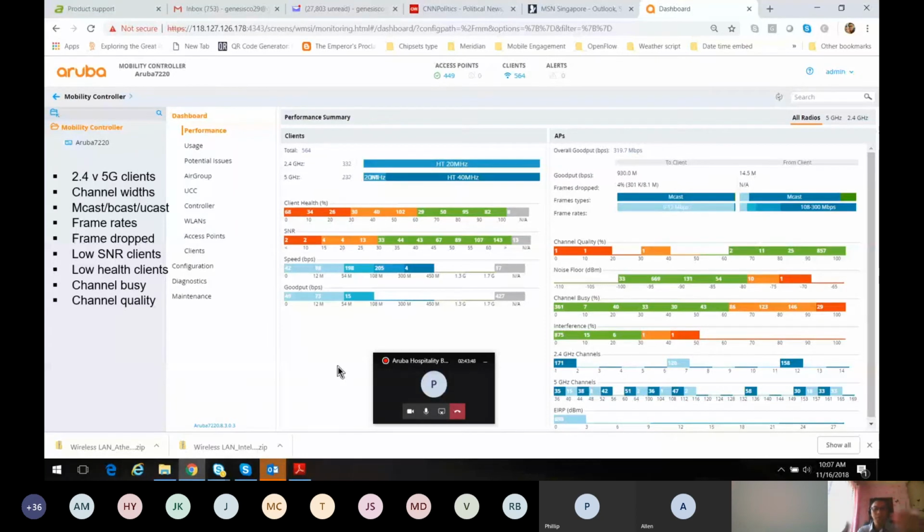Aruba Central actually is somewhat easier because there is AI Insights, and those AI Insights tell you a lot of this information in a dashboard that allows you to drill down to which APs are affected and which clients are affected. So in some ways, Aruba Central is a lot easier. Just ping me separately on email so that I can show you some of those screenshots. I have them, but it's not in this deck.